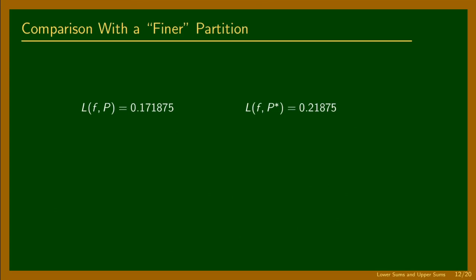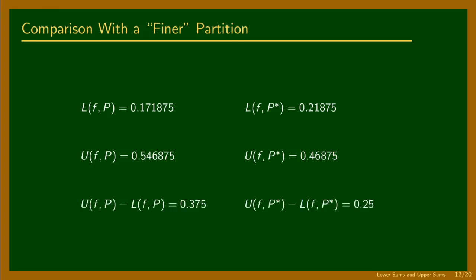Well, let's compare. For the first or original partition, the lower sum is around 0.171875. Then the new lower sum is around 0.21875. So which one is larger? Of course, the lower sum of the new partition. For the upper sum, what happened? You see that the value of the upper sum decreased, right?